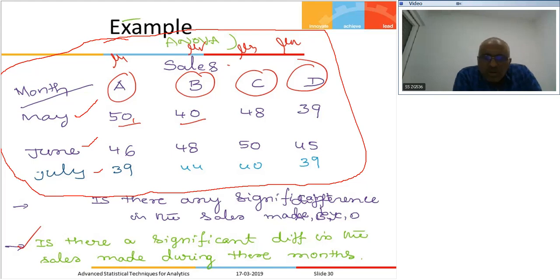Here, we want some validation related to sales. That is one way of looking at this. Another is with respect to months. So whether all these groups are significant with respect to the sales they have done, and with respect to months, whether on average the sales are the same or not.